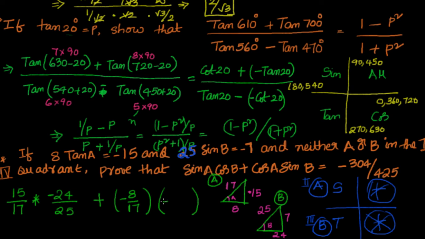So this becomes again minus 7 divided by 25. That's nothing but equal to, if I simplify that, minus 360 by 425 plus, minus into minus is positive, this becomes 56 by 425. That's nothing but equal to minus 304 divided by 425.